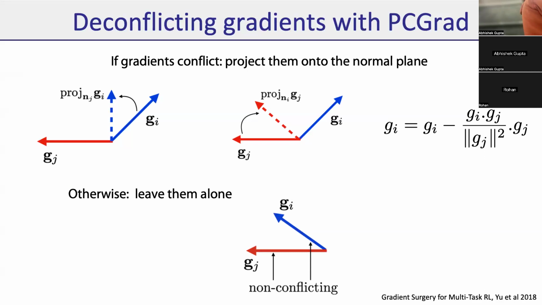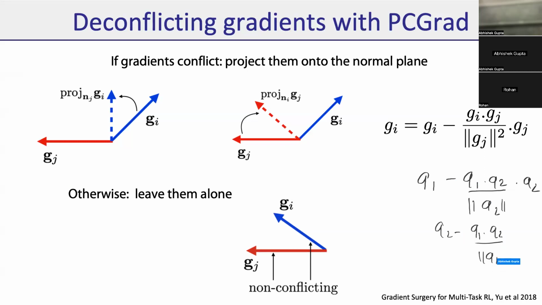If you add the projections, will that be pointing in the same direction as if you just added the gradients? I don't think so. I don't think that's true, right? Because you'll have G1 minus G1 dot G2 times G2, and G2 minus G1 dot G2 times G1, and I don't think the denominators are really the same.